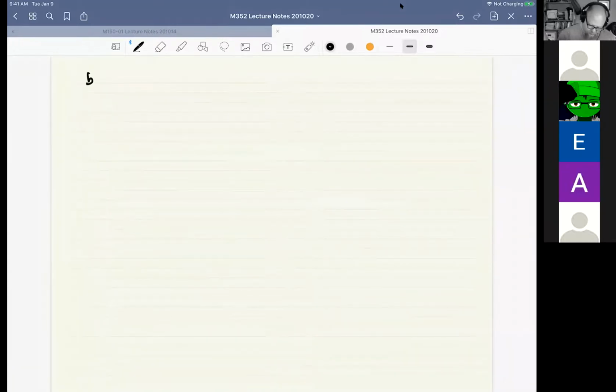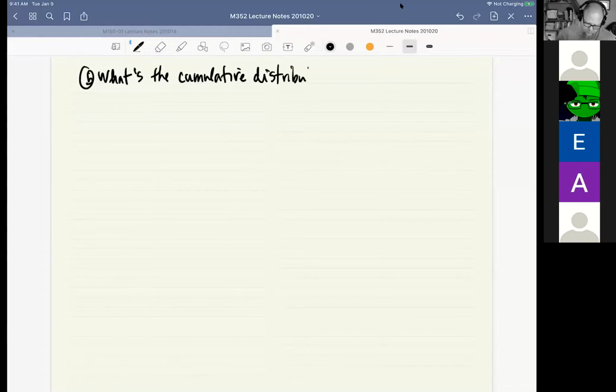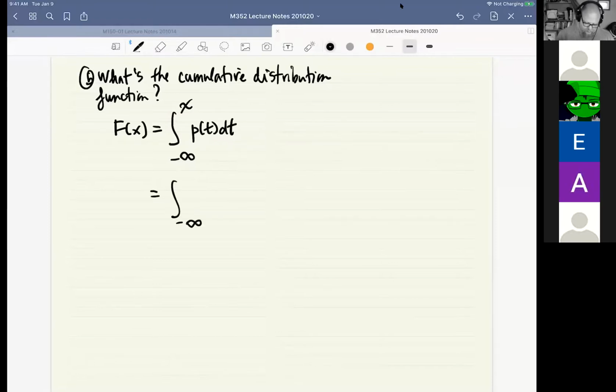What's the cumulative distribution function? Well, it's just the integral of the PDF. So the cumulative distribution function is the integral from minus infinity to x of our PDF. And in our case, it's this.